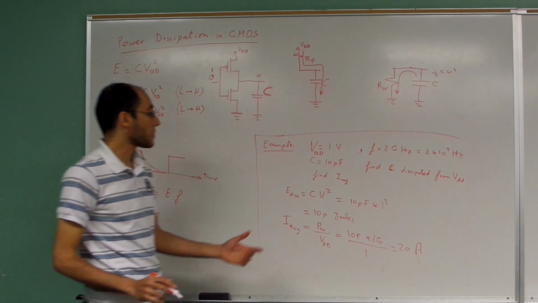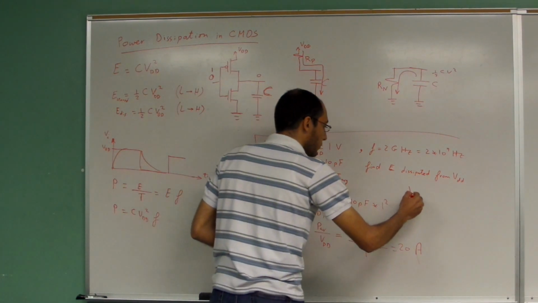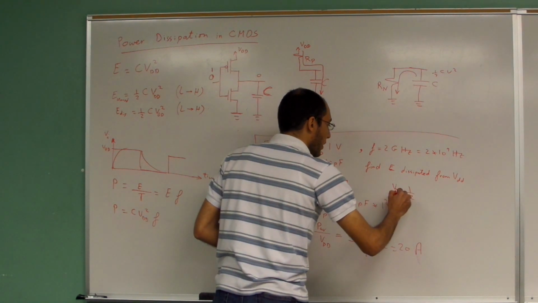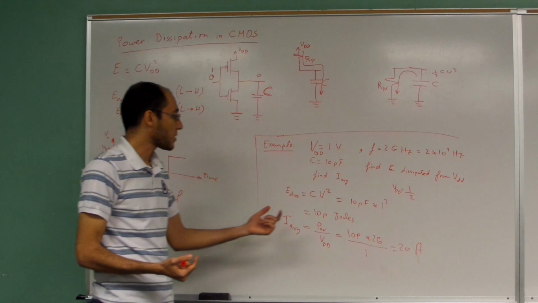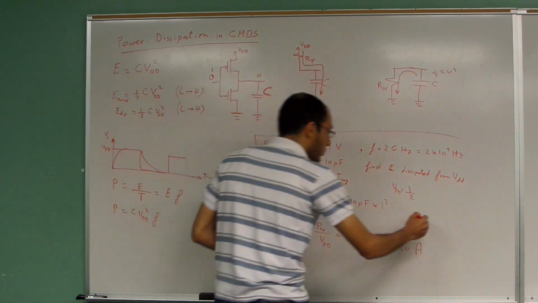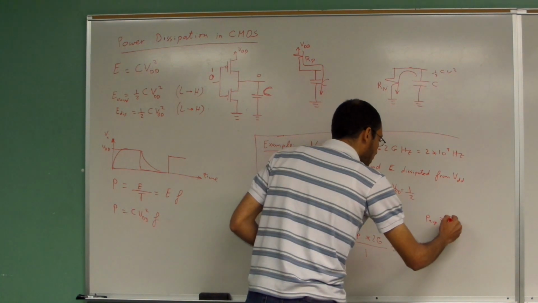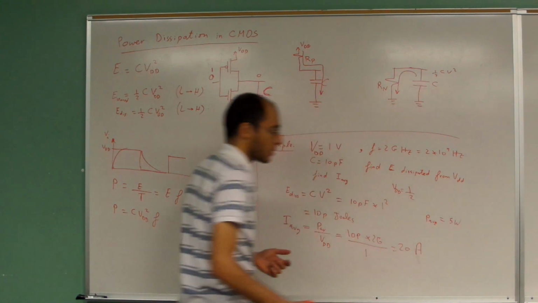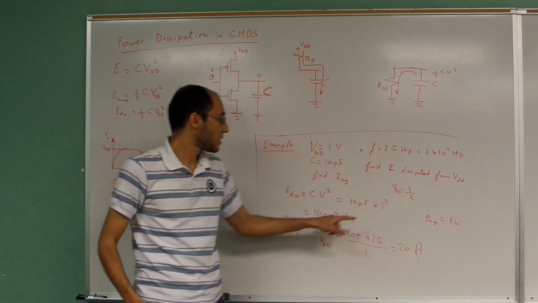So if you want to decrease the power dissipated by decreasing the voltage by half, so VDD equals half, you expect that the P average is going to be equal to 5 watts. Why? Because half here is squared.